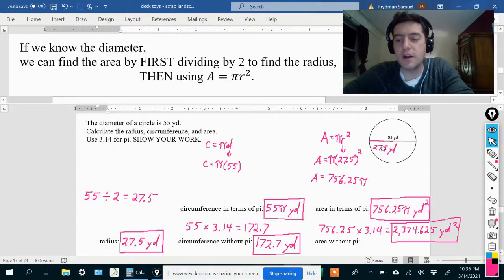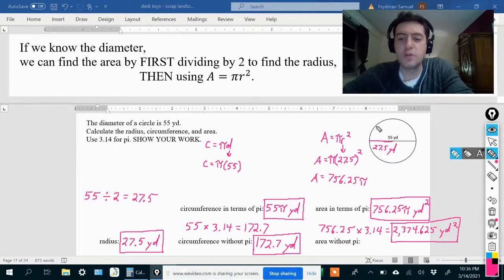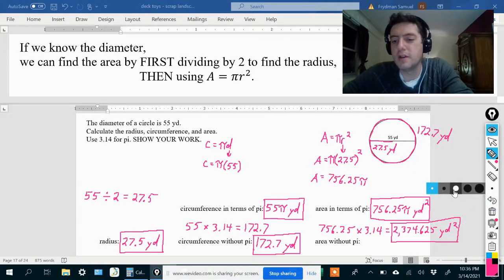So I put the radius on there, and then just to remind everybody what all these things are, this over here is the circumference. The circumference is the length all the way around the circle. So the circumference was 172.7 yards, and then the last one was area.